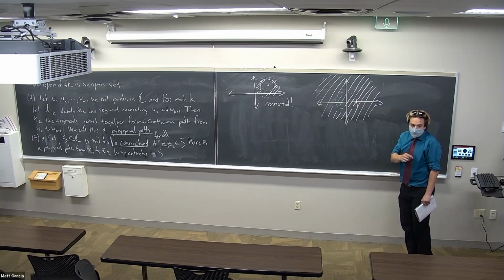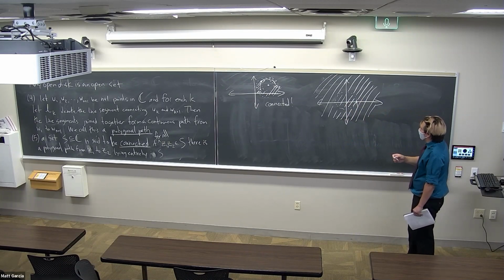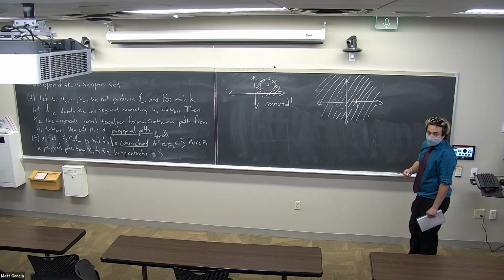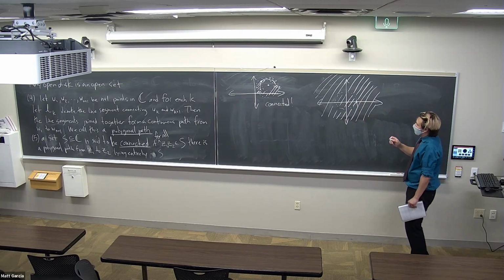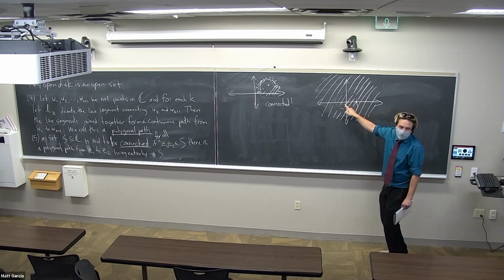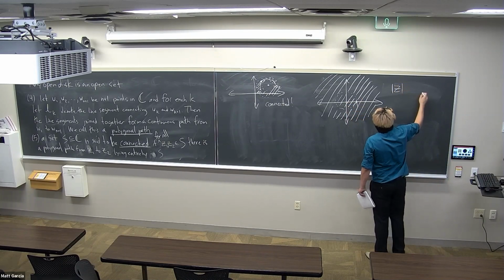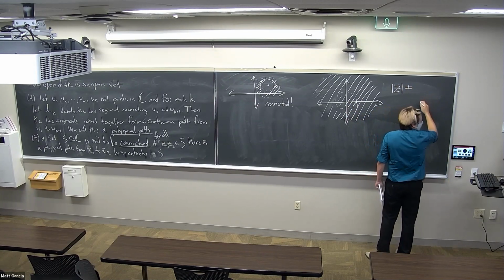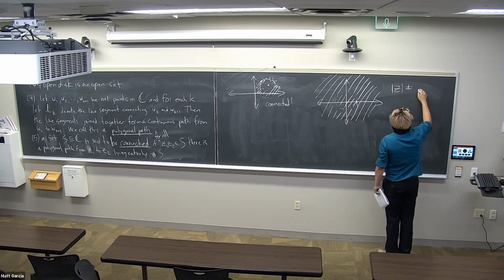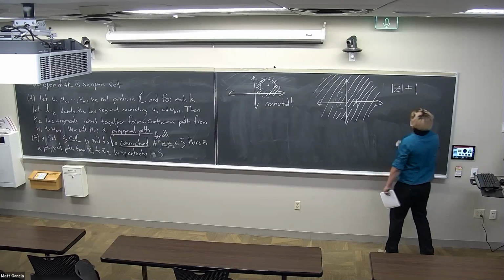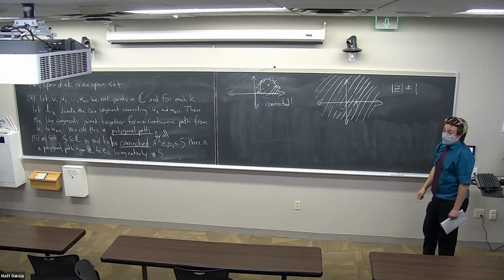The modulus of Z minus 1, or minus, wait. No, the modulus of Z does not equal 1. Yeah, right, we're centered at the origin. Yeah, exactly, good. So this is just the set, specify the non-equality, modulus of Z is not equal to 1.